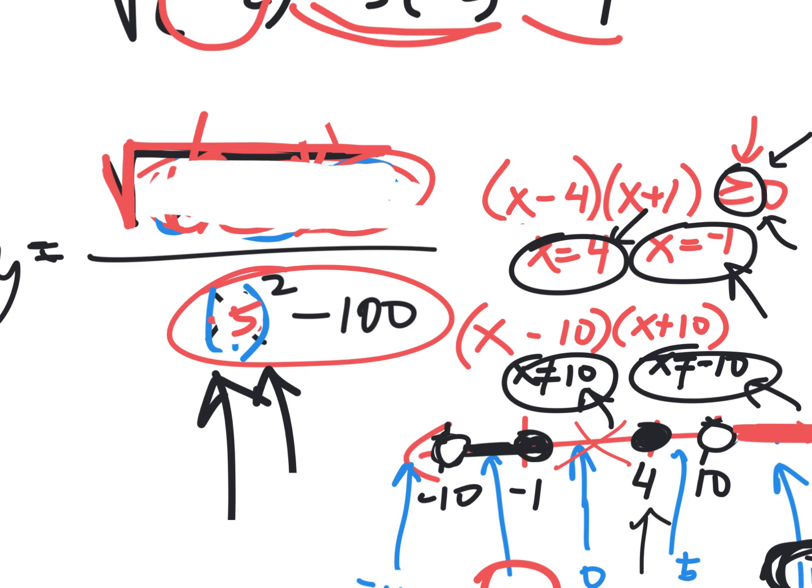And putting in a 5 here, 25 minus 15 is 10. 10 minus 5 is 5. Square root of 5, okay? Yeah, it worked.